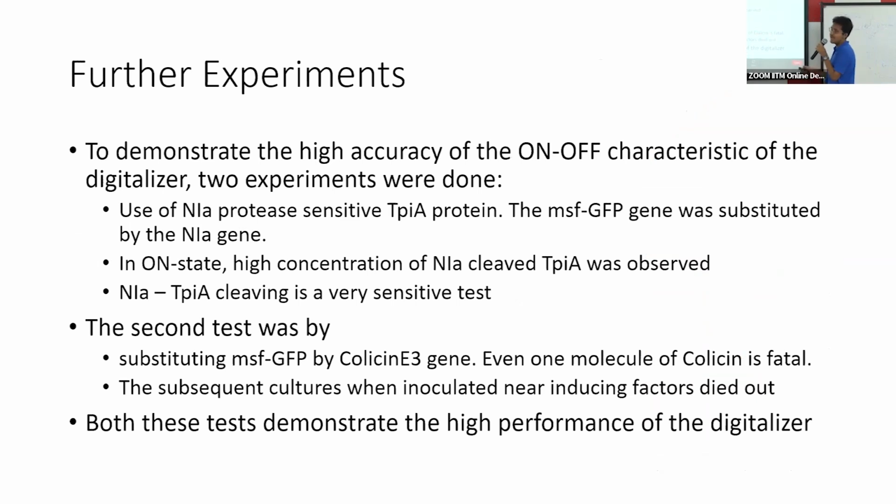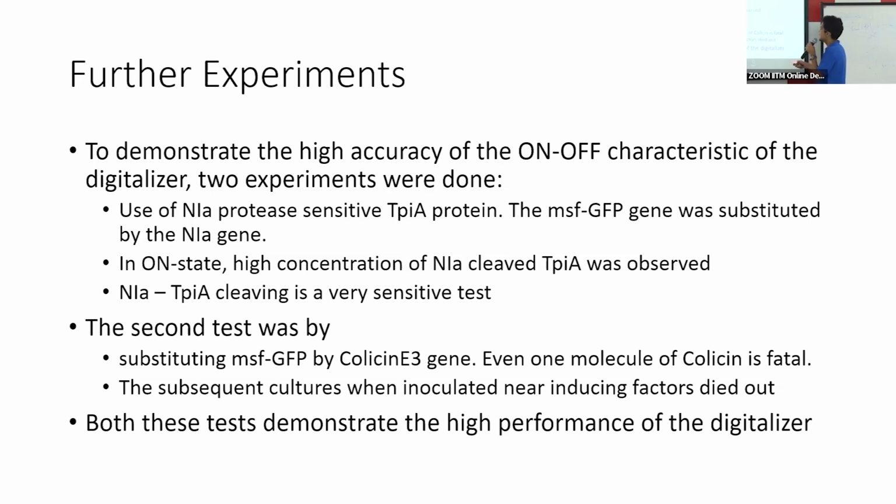Further, to demonstrate the high accuracy of this method, two more experiments were conducted. First, using the NIa protease, a TPI protein which is sensitive to the NIa protease, which when on, the NIa cleaves the TPI, and this can be observed in an assay where we can clearly see that the TPI was cleaved when it was induced.